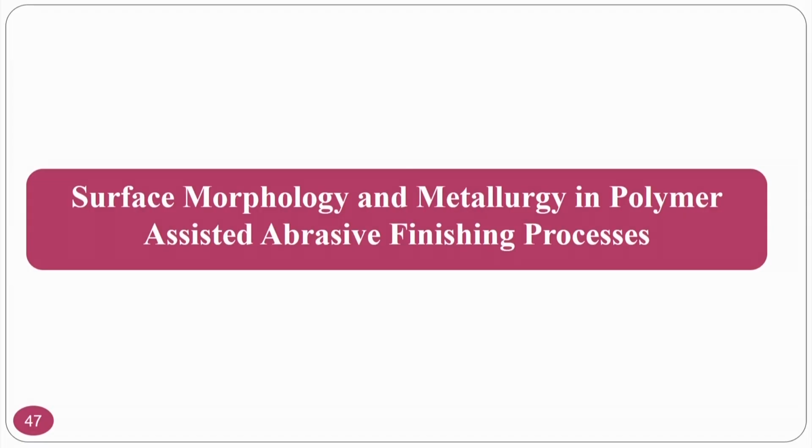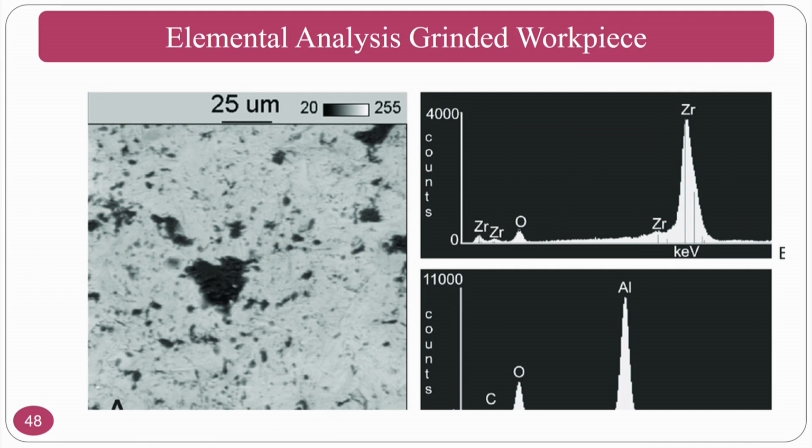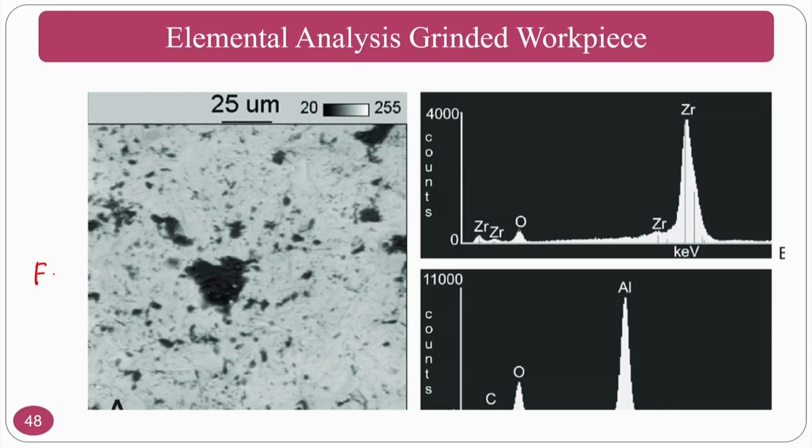Okay. The surface morphology and metallurgy in polymer assisted abrasive finishing processes: if you see here, we have to understand why we go for polymer assisted abrasive finishing processes. For example, if you are going for the grinding process, what will happen? Your forces, normally your radial force and other forces, will be approximately 50 newtons to 150 newtons.